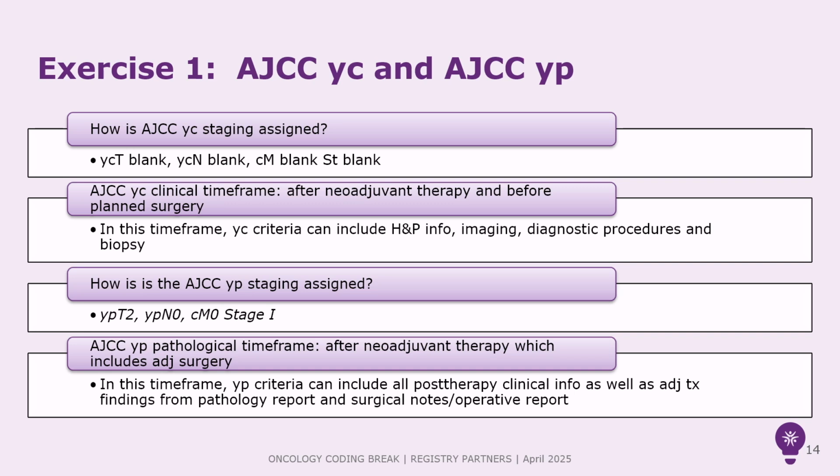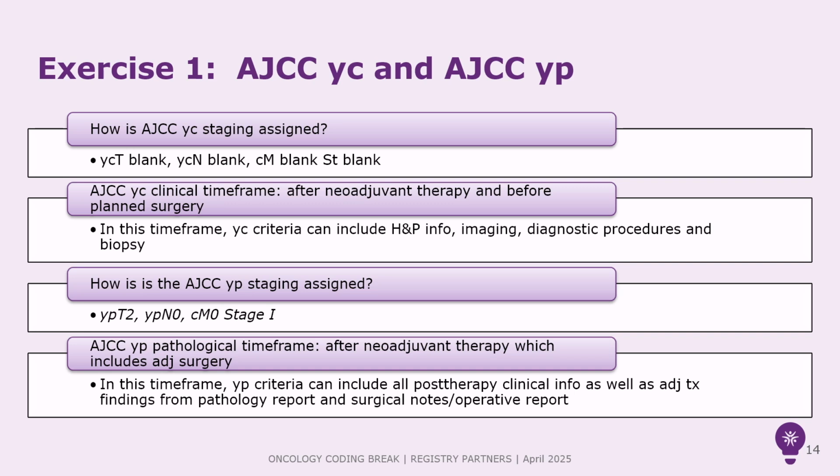We are picking YCTNM blank with stage group blank because we don't have the information available to us, while the YC staging can include clinical history and physical exam information, imaging, and diagnostic procedures such as the biopsy. The time frame needs to be after neoadjuvant therapy and before planned surgery.